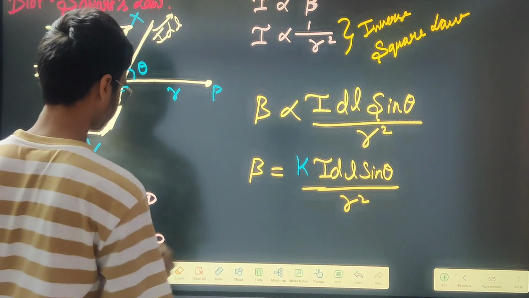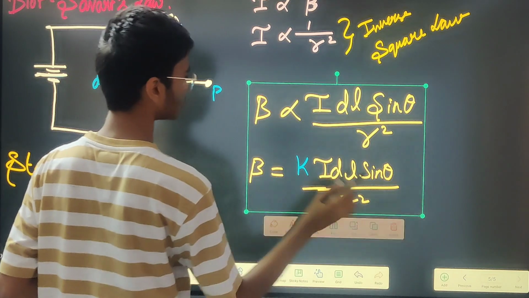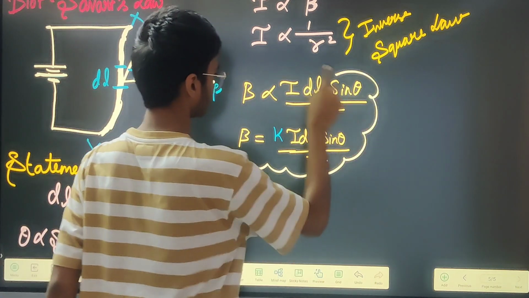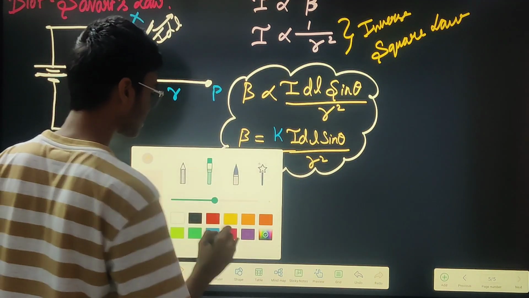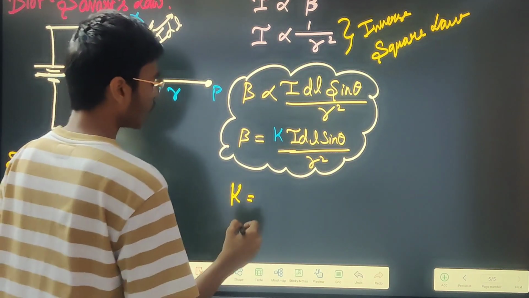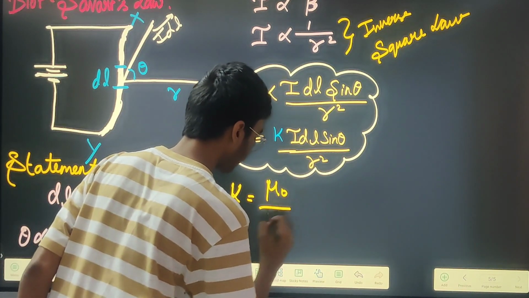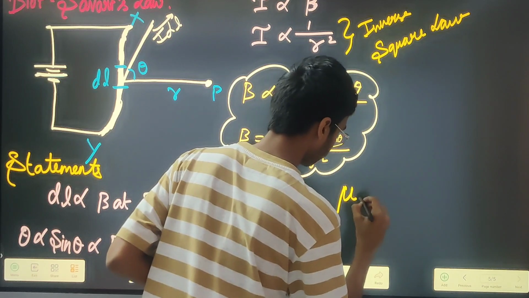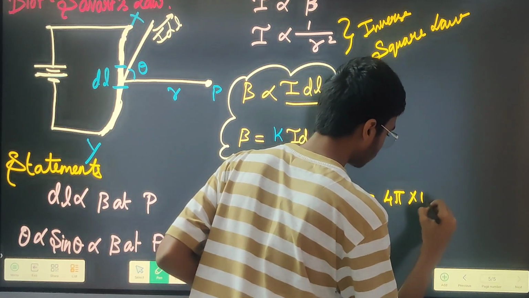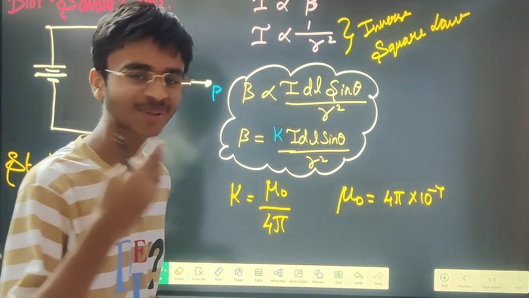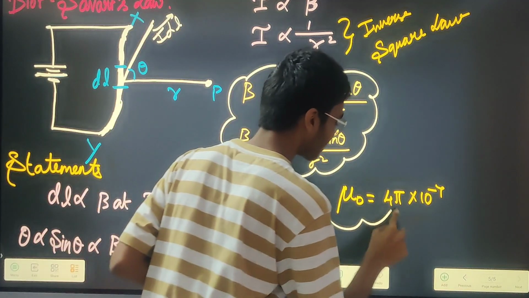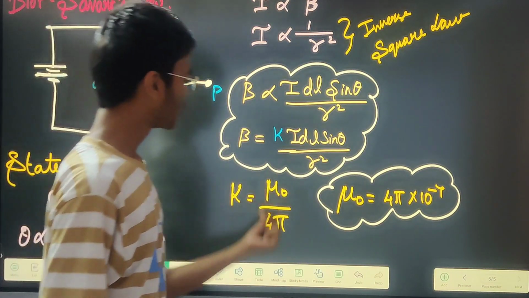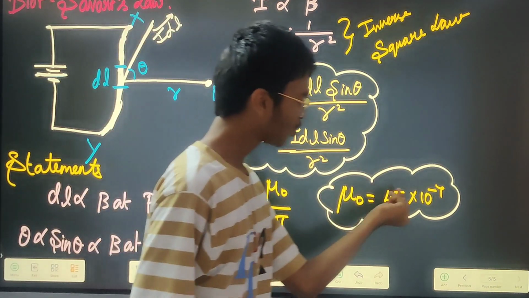So what is this k? k is equal to mu naught divided by 4 pi, where mu naught is equal to 4 pi into 10 to the power of minus 7.